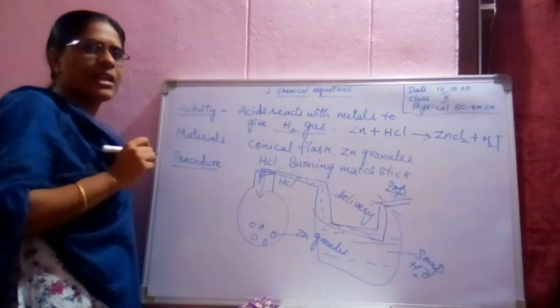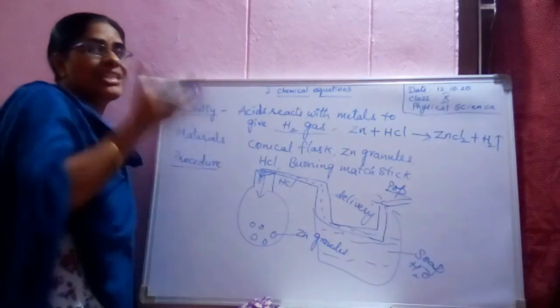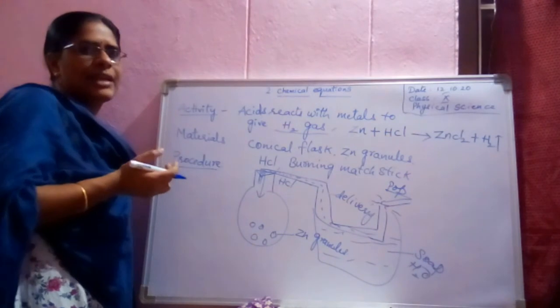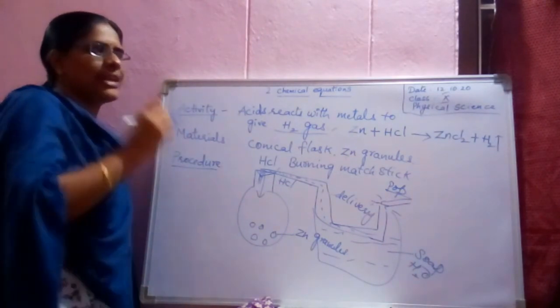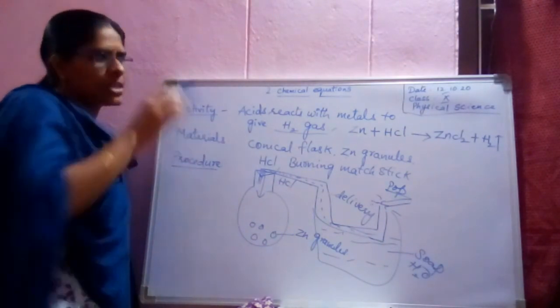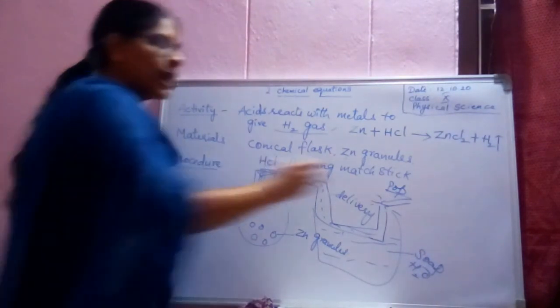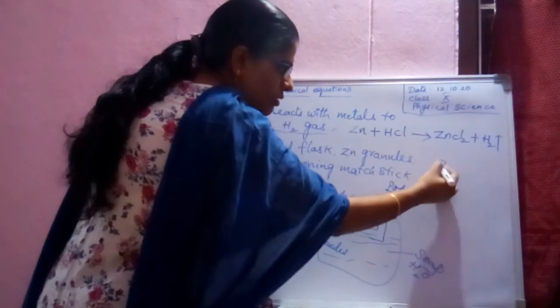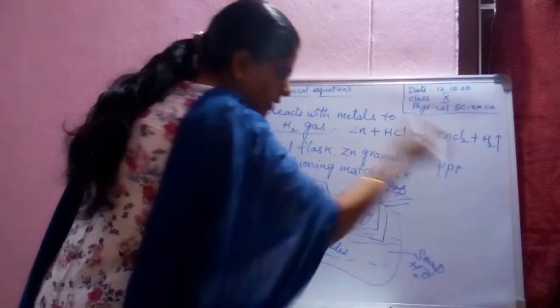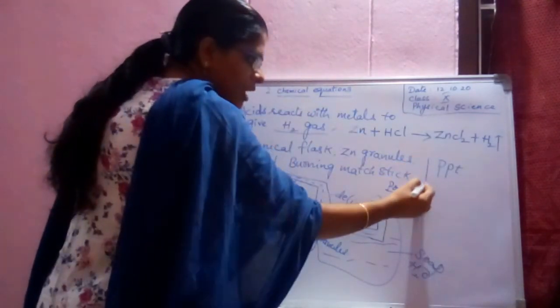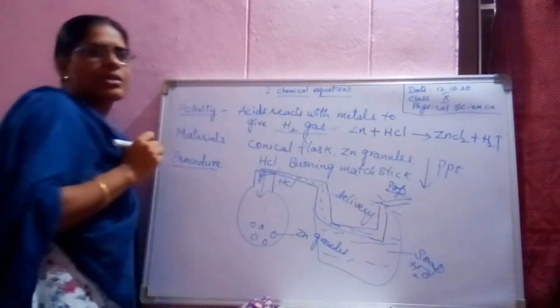What does it indicate? Hydrogen gas is liberated out. Okay, for gases, we always keep an arrow upwards. For precipitates, we call it PPT, or otherwise, we always keep an arrow downwards.